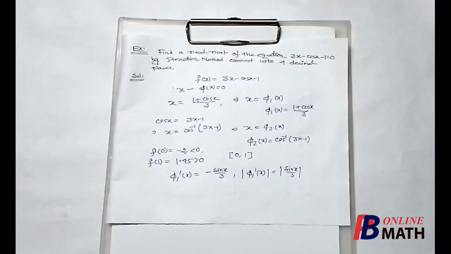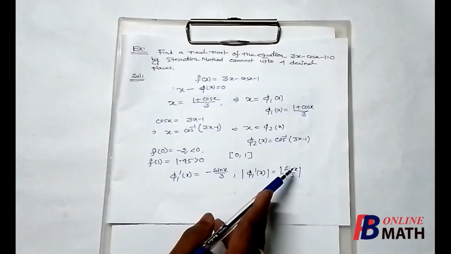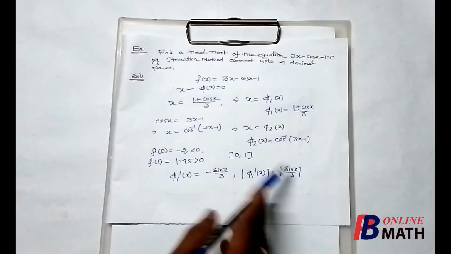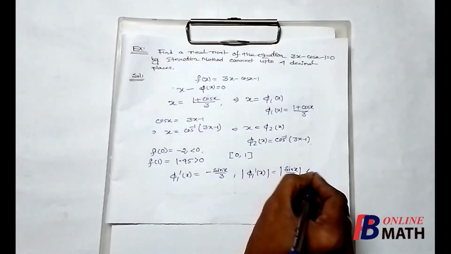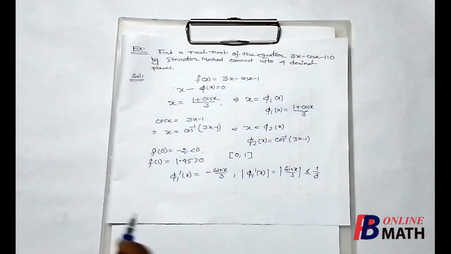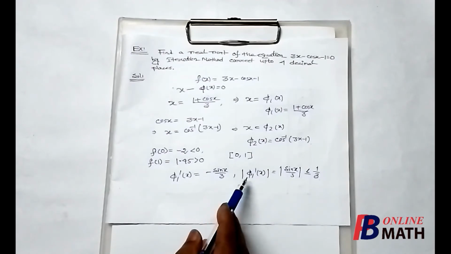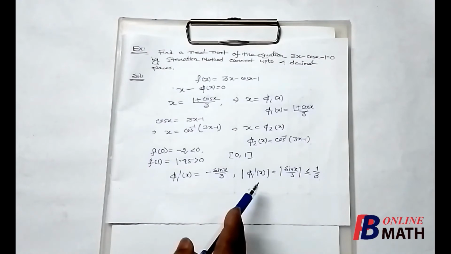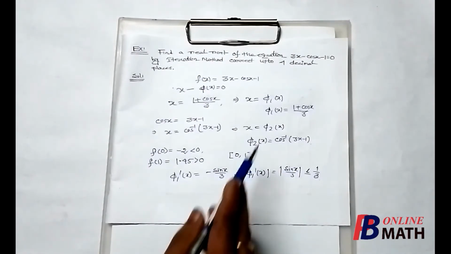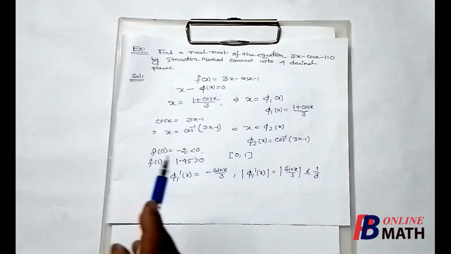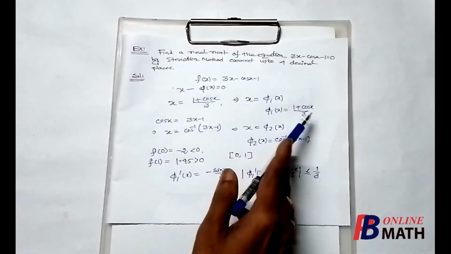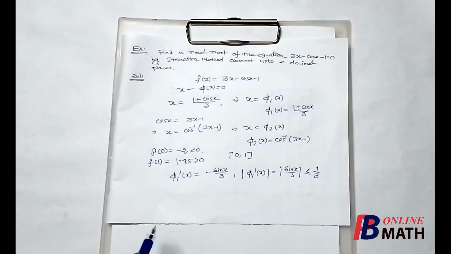Now we know that for any real value of x, modulus of sin x is always less than or equal to 1. So this is always less than or equal to 1/3. Therefore, modulus of phi 1 dash x is always less than or equal to 1/3. Therefore, the condition is satisfied for this function. So if we select phi x equal to this function, then this iteration method will converge.